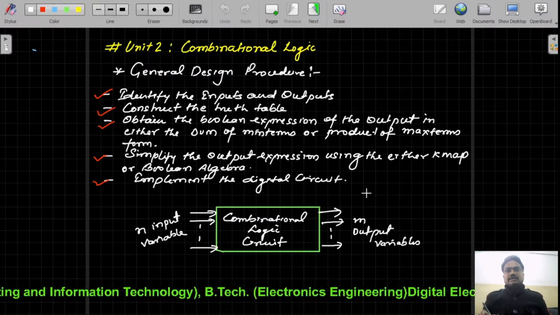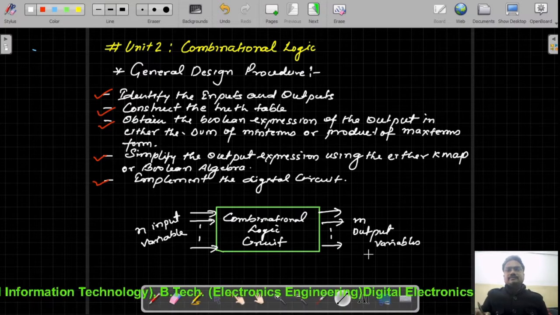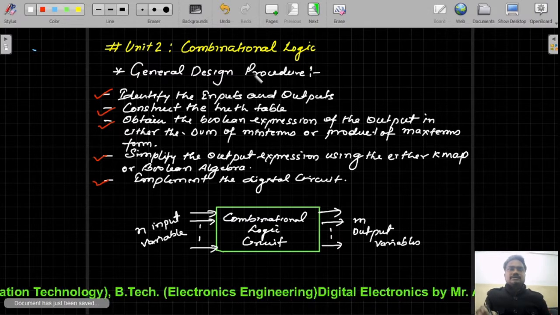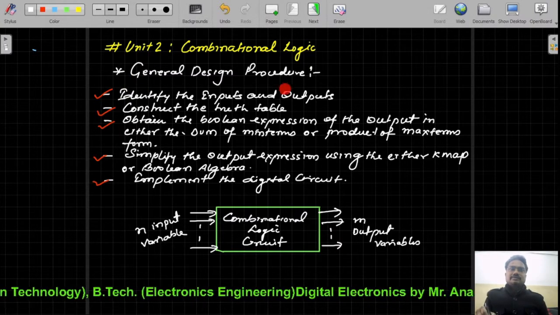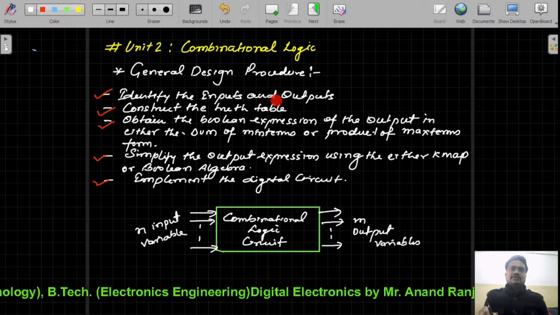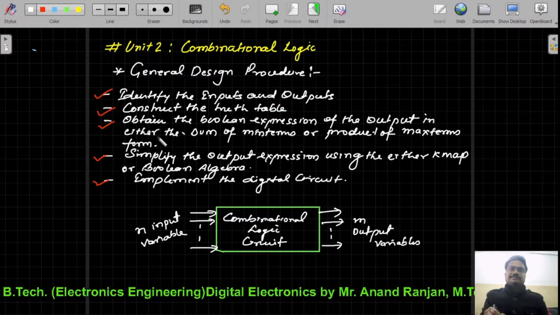So the general design procedure is, first of all, we have to identify the inputs and outputs. Then we have to construct the truth table based on the system operation.